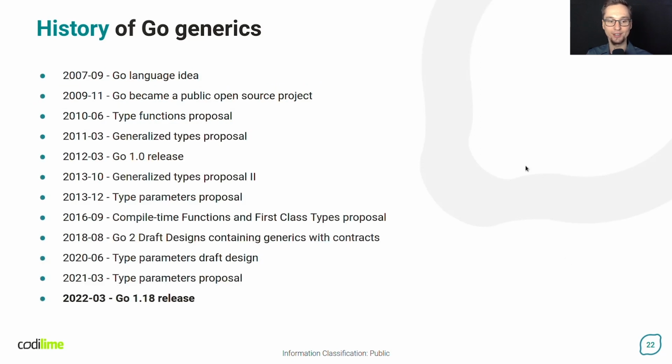So we can see that the first proposal for a generics mechanism was introduced only several months after Go became a public open source project.